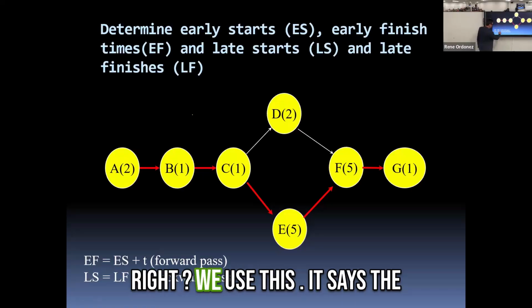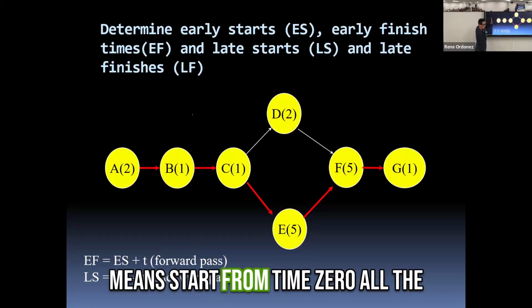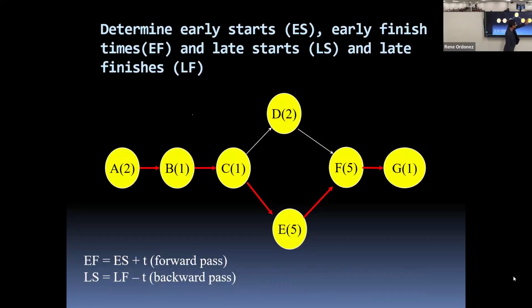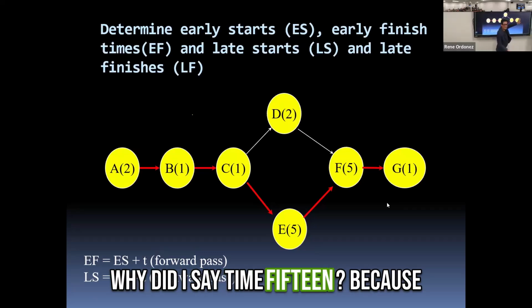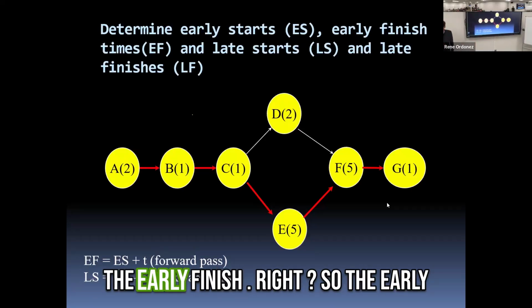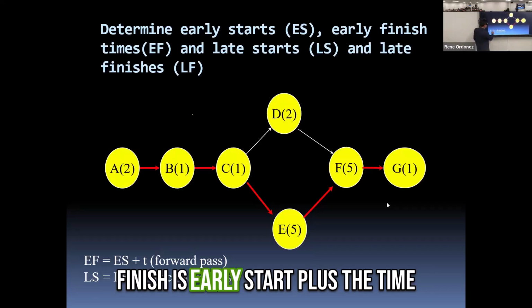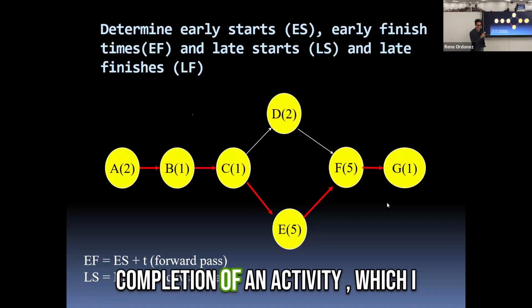We use the forward pass. The forward pass means start from time 0 all the way to time 15. Why did I say time 15? Because it takes 15. So the early finish is the early start plus the time of completion of an activity, as I explained earlier.